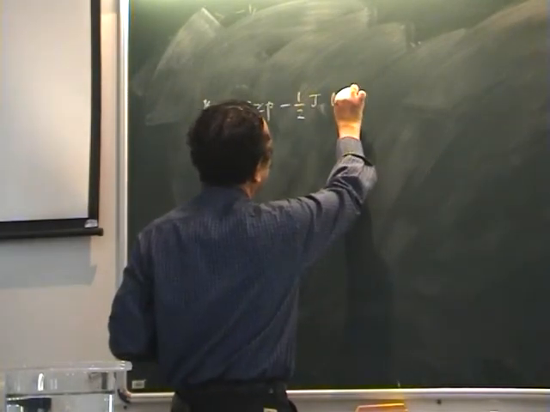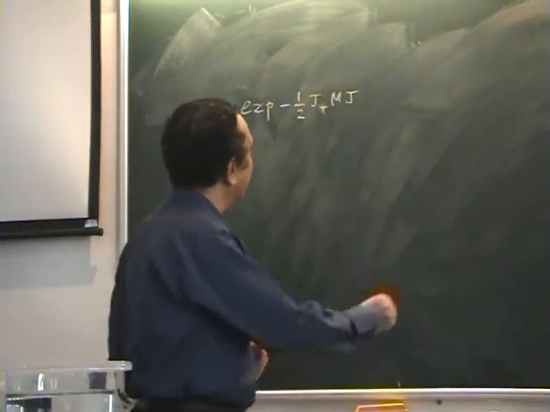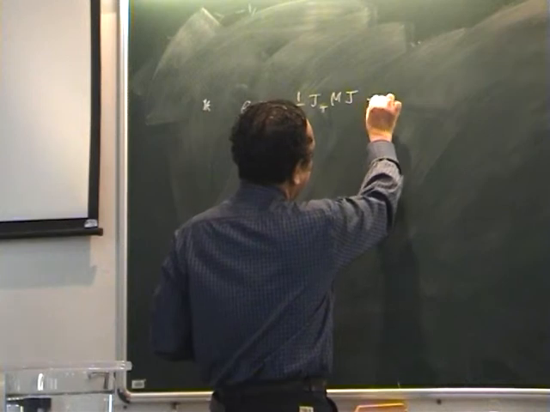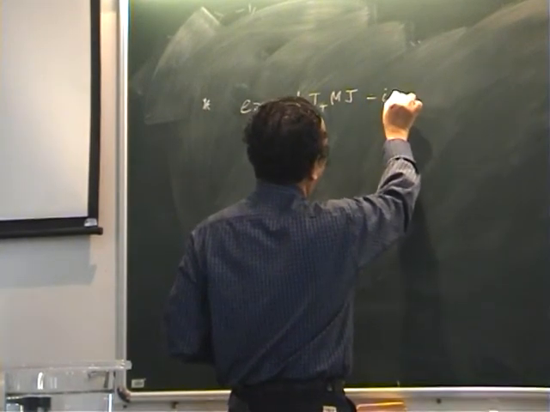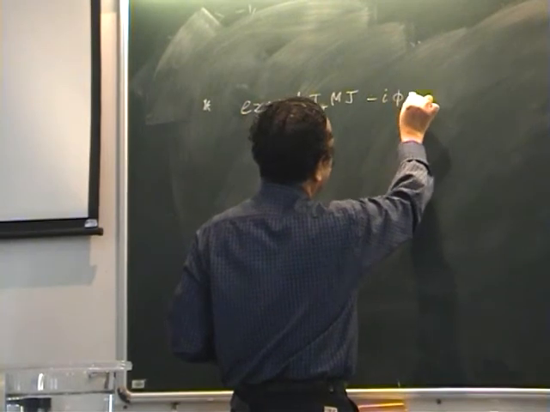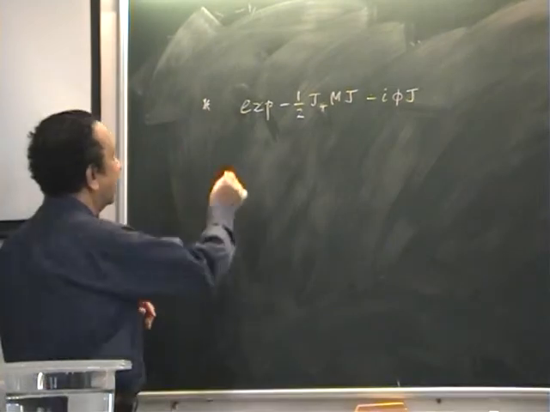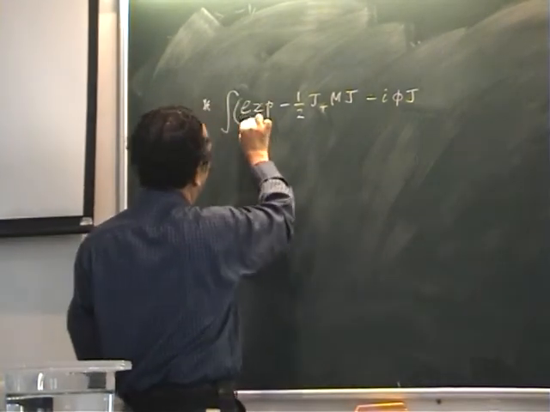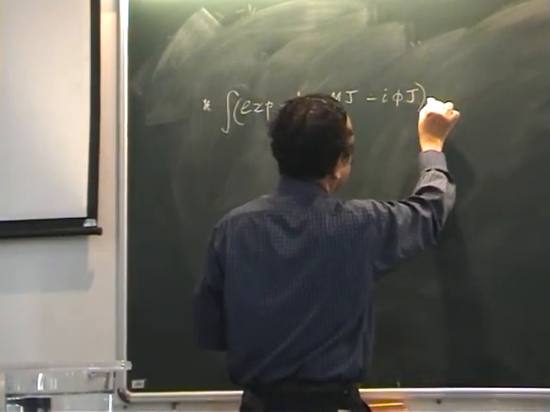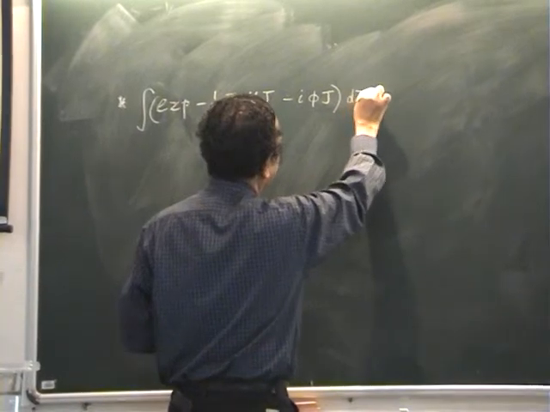It is J m J, so this can be J transpose m J. This quantity can be Fourier transformed with a minus i phi J. This is what we did, and then we did an integral over all J's. This is a formal integral over all J's.